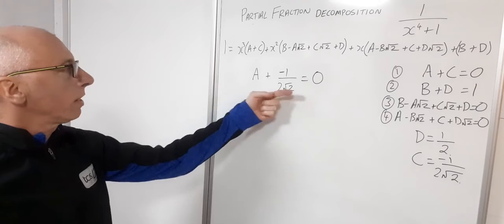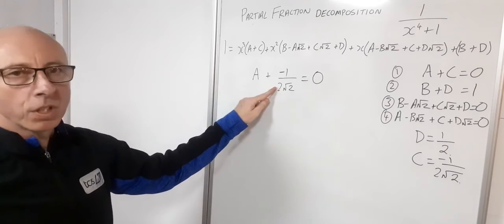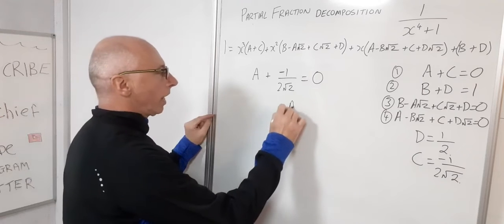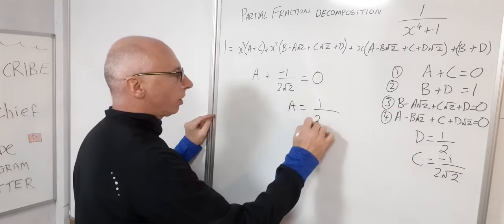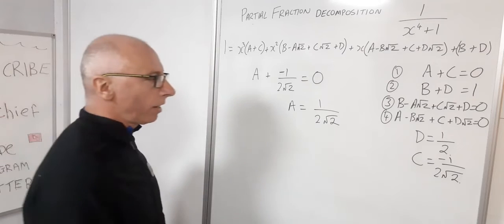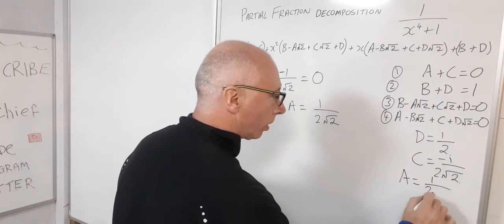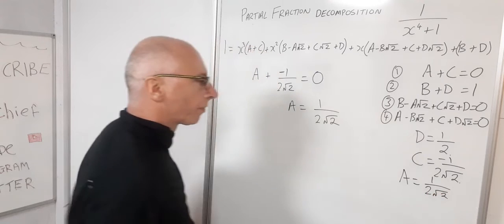Well, if I want to set this to 0, all I need a to be is the positive version of this. So basically a is going to be 1 over 2 root 2. So that takes care of that one. So let's put this one over here, 1 over 2 root 2.